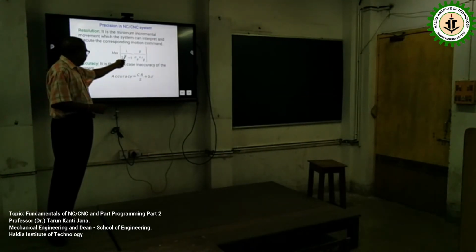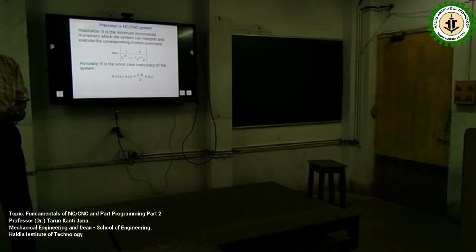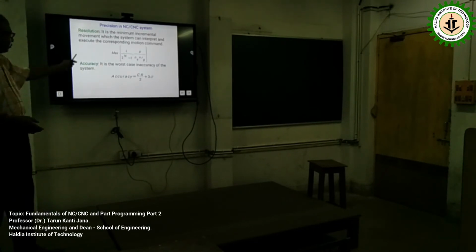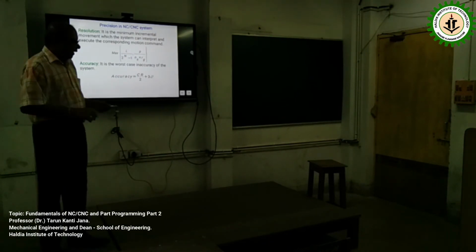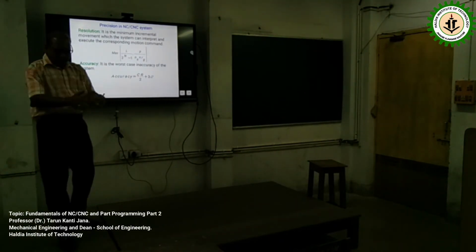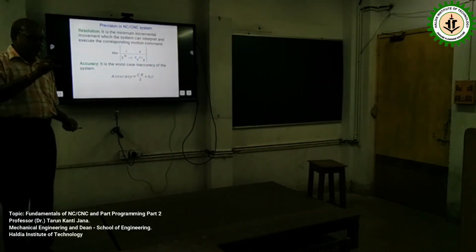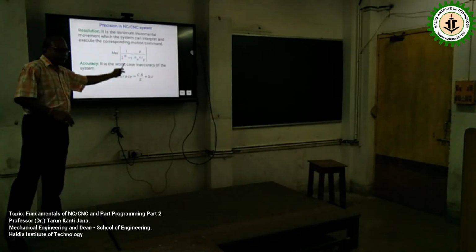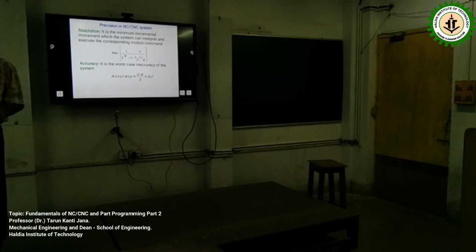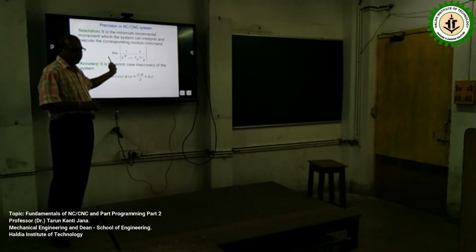Usually in today's world, microprocessor bit storage capacity is 32 or 64. 2 to the power 64 means an exorbitantly large number, and the usual length may be 1 meter or 2 meter. So 2000 millimeter by 2 to the power N will come to a very significantly small figure.